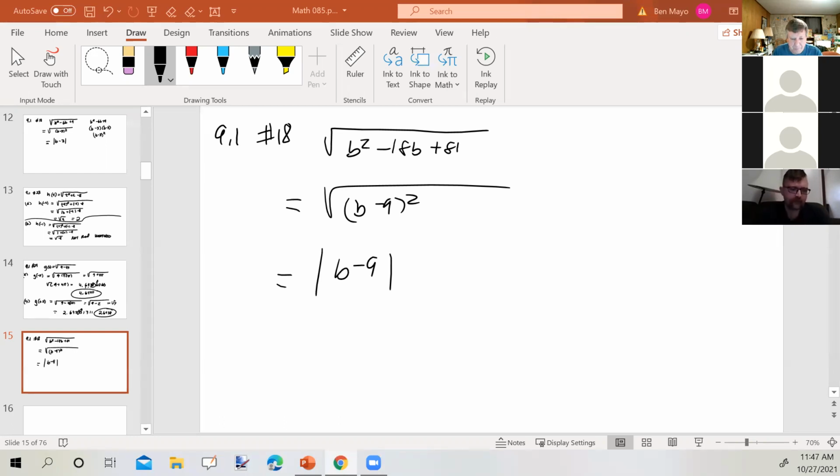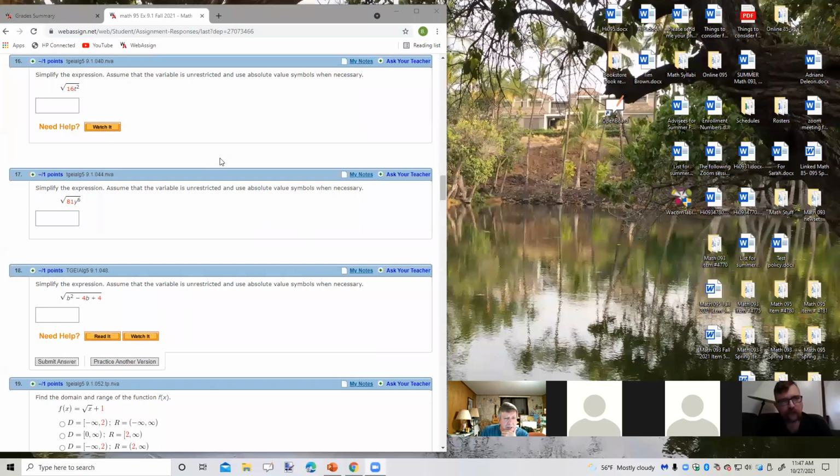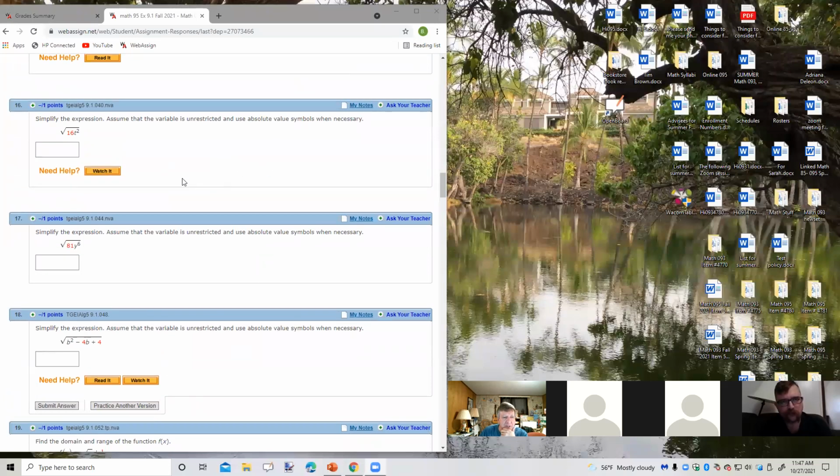So take a look at, for instance, problem number 16. Can you see it there? The square root of 16t squared. Yes, I can see it. Okay. So the correct answer is going to be 4 times the absolute value of t, right? Yeah, that's what I put.